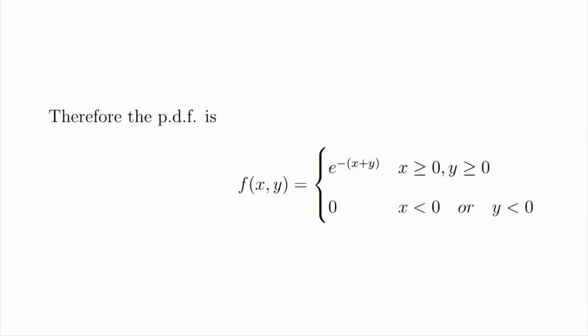Therefore, the probability density function is f(x, y) = e^(-(x+y)) in the range x ≥ 0, y ≥ 0 and 0 otherwise.